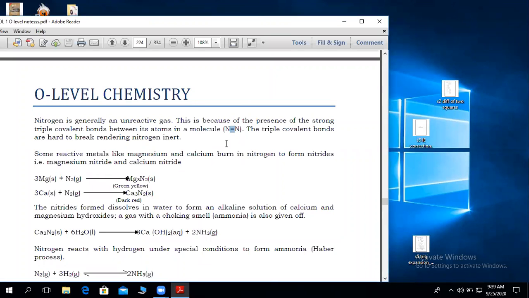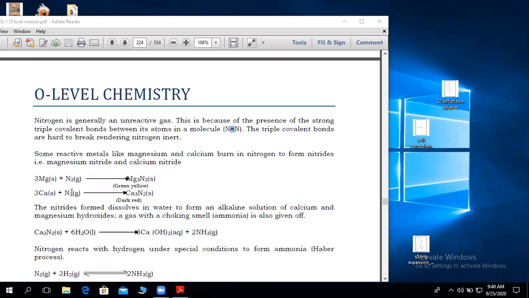So you cannot break just one bond. It is very difficult. So you must break the 3 or you don't break all of them. You get me? Because the valence of nitrogen is 3. And that's why it has very few reactions.